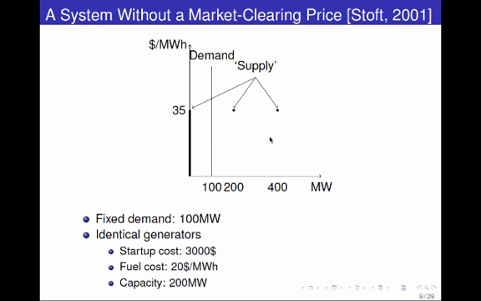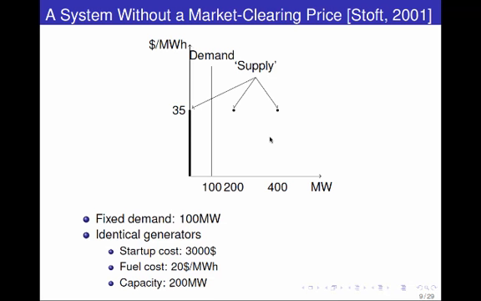Now, at $35 per megawatt hour, I'm not going to make any profit, but I'm going to be indifferent between any power production level from 0 to 200.